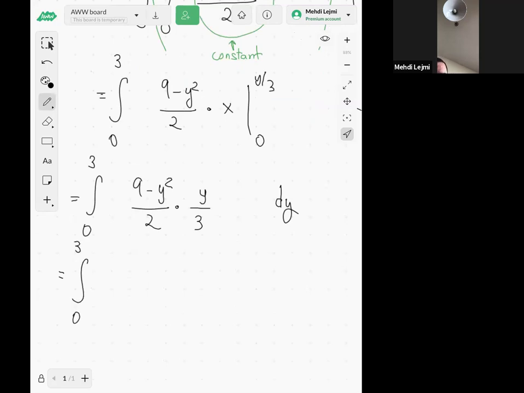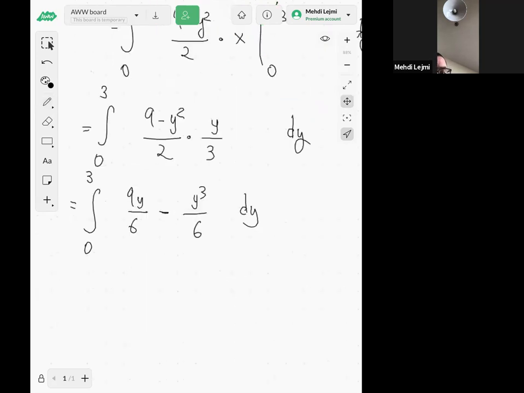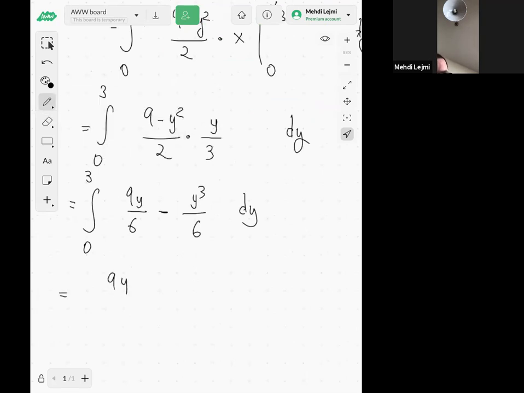If you multiply, that will be 9y over 6 minus y cubed over 6, dy. So you integrate: this is 9y squared over 2 times 6, that will be 12, and y to the fourth over 4 times 6, 24, between 0 and 3, all right?